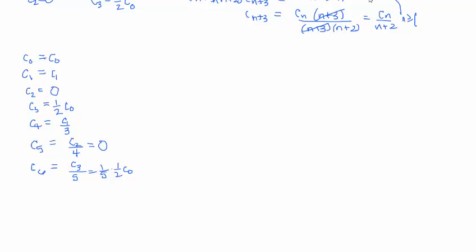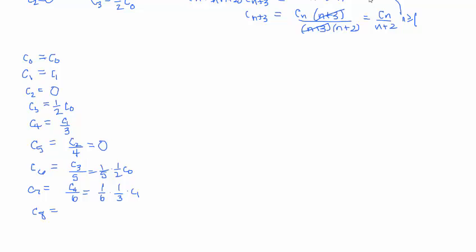One more, maybe a couple more coefficients here. Okay, so in my recurrence relation for C7, I'm plugging in n equals 4. So I get C7 equals C4 over 6. But C4 was C1 over 3, so I can rewrite this as 1/6 times 1/3 times C1.